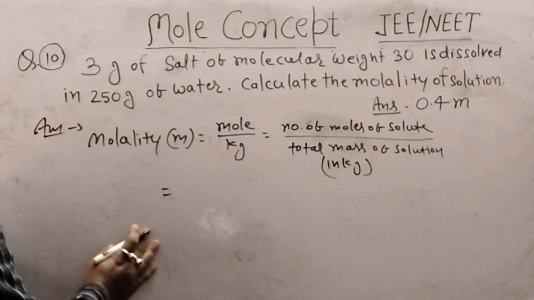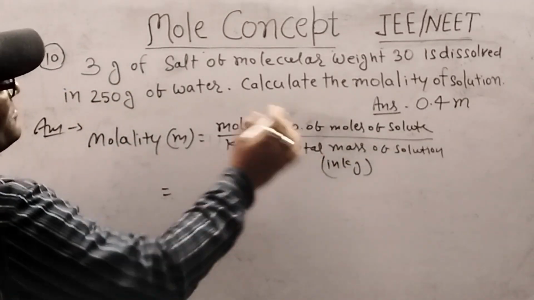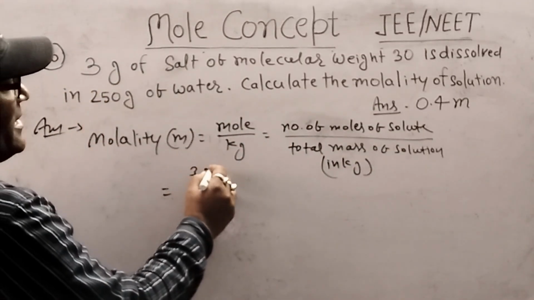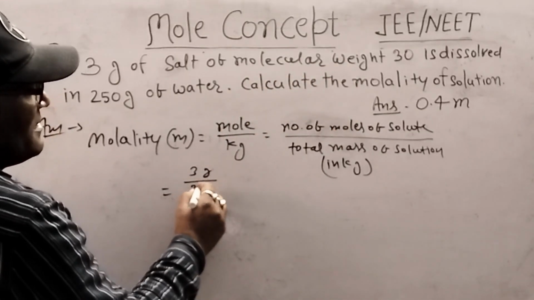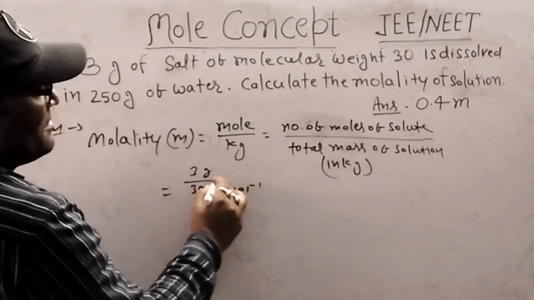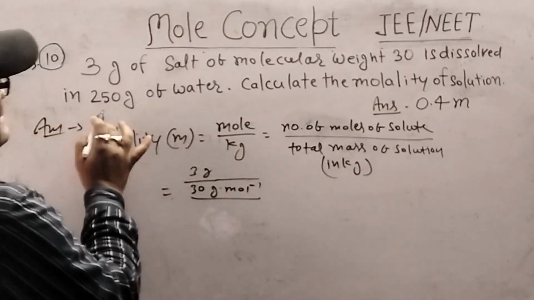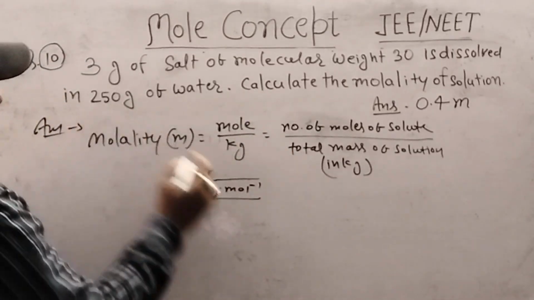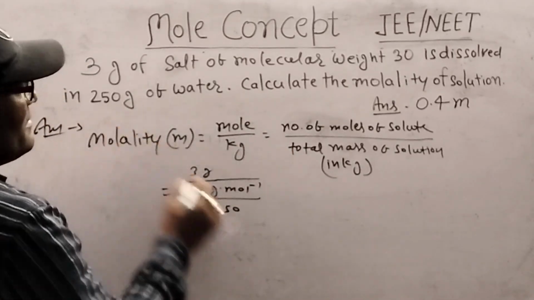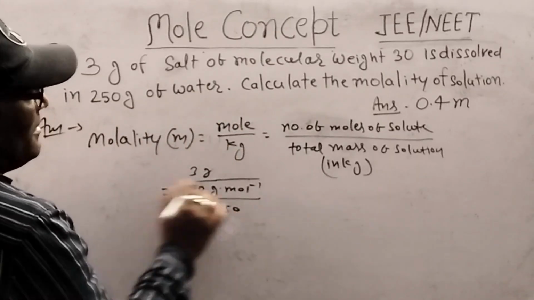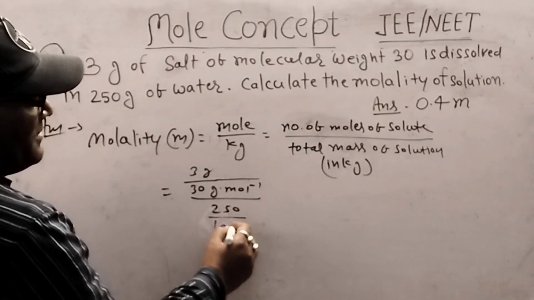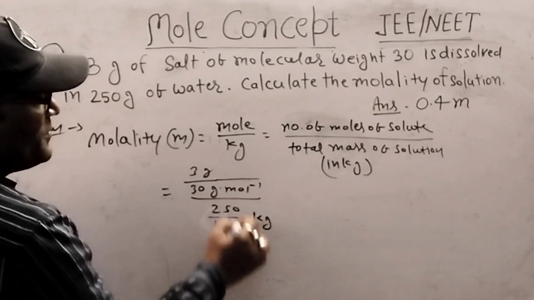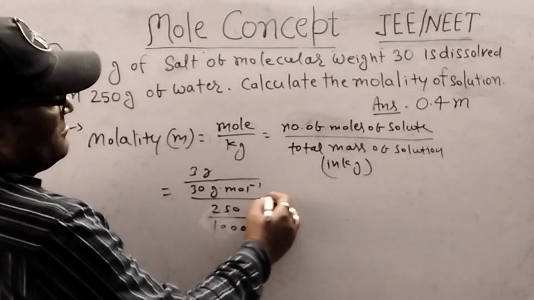Now according to the given data we can find the number of moles of solute. Given mass is 3 gram divided by molar weight. Here the molecular weight is 30, so the molar weight is 30 gram per mole. Now divided by the total weight of solution, here 250 gram. We can convert gram into kilogram, so divided by 1000. So 250 by 1000 kg is the total weight of solution.